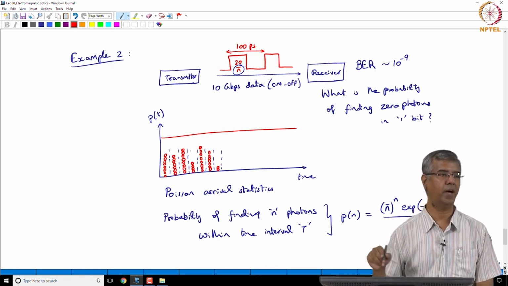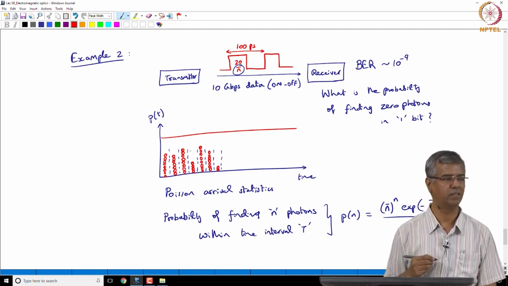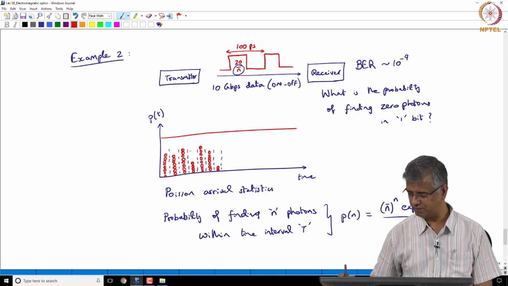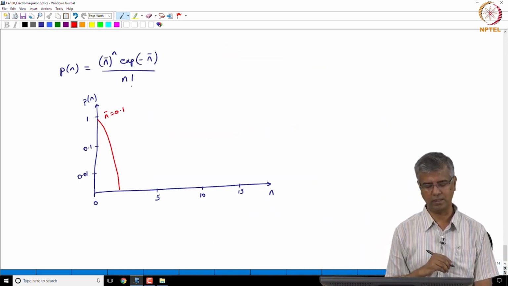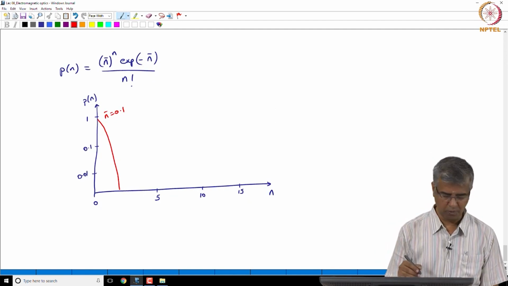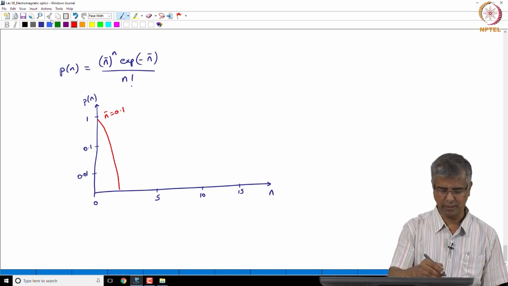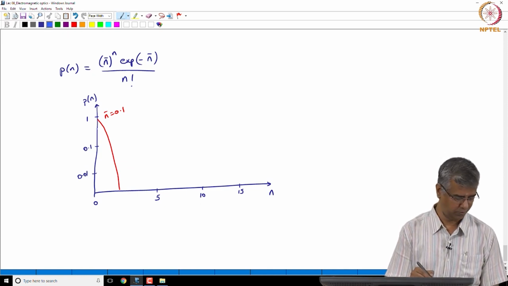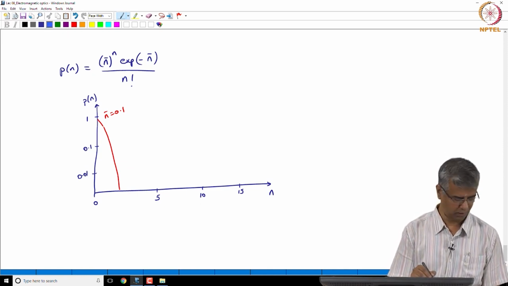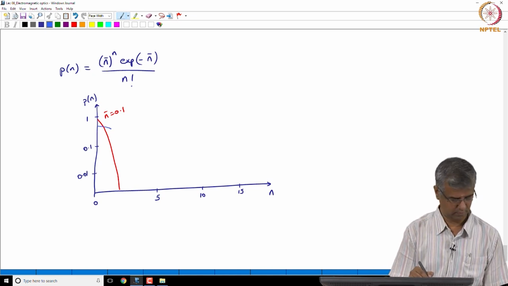So there you have n bar of 20, and you are asked to figure out what is the probability that you find 0 photons in that time slot. So if we work further, let me choose a different color, and if I say n bar of 1, that is going to look like this.